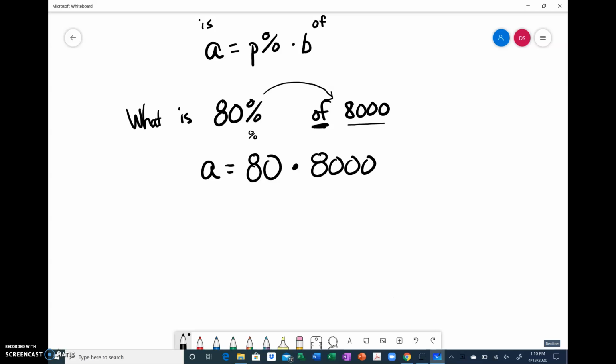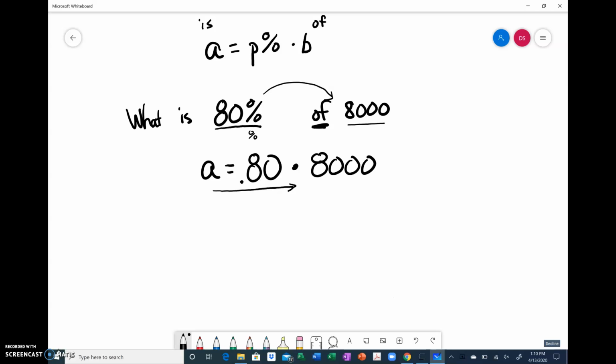And we talked about this before spring break. I'm either going to write 80% or I'm going to change it to a decimal. So when I get to where I'm going to go into the calculator, I need to change this to 0.8.